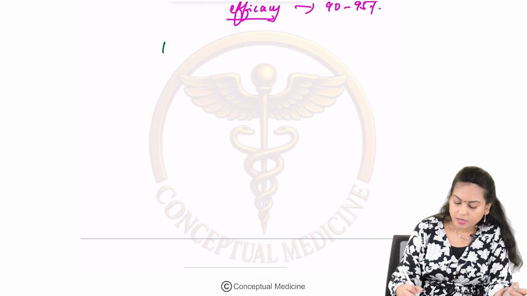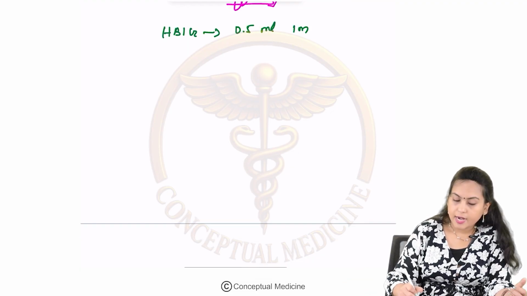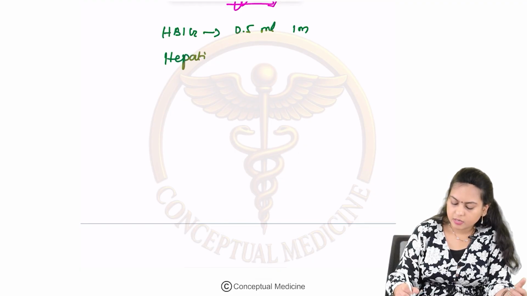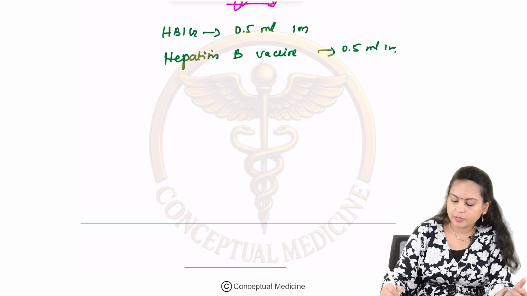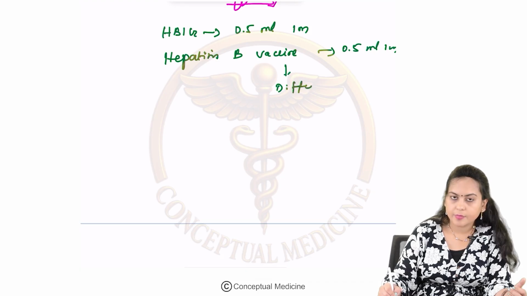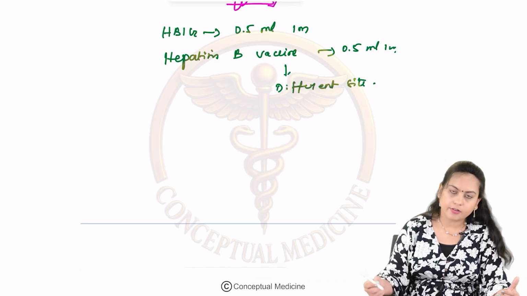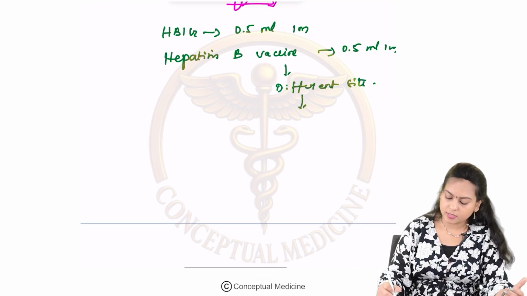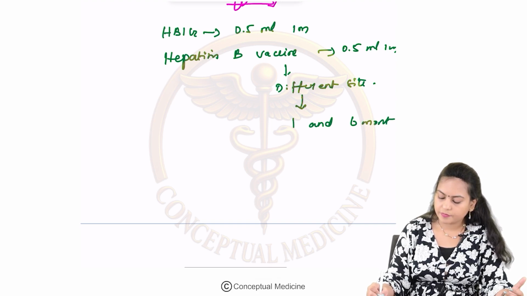Immunoglobulin dose is 0.5 ml intramuscularly and hepatitis B vaccine dose is the same 0.5 ml IM, but you should give them at different sites if you are administering both immunoglobulin and vaccine. And remember, you have to repeat the dose at 1 and 6 months again.